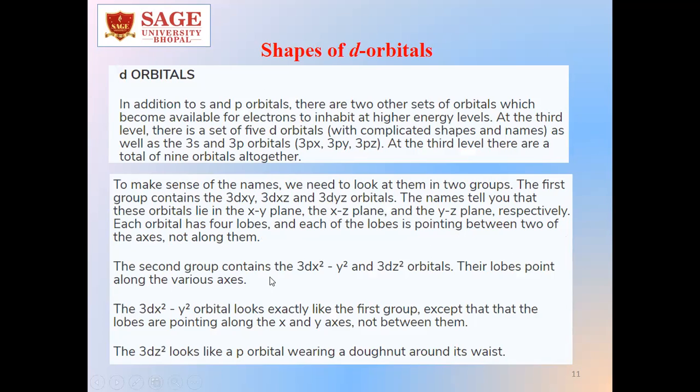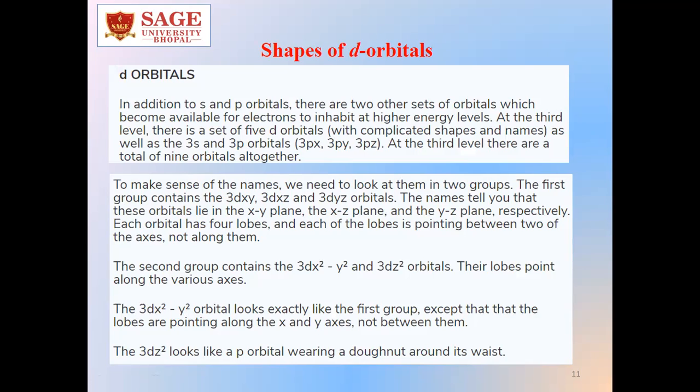The second group of orbitals, which contains dx square minus y square and 3dz square orbitals, have lobes that point along the various axes. How? The dx square minus y square orbital looks exactly similar to the first group, like the dxz, dyz or dxy orbital. But in the case of the dx square minus y square orbital, the lobes are pointing along the x and y axes and not between them.